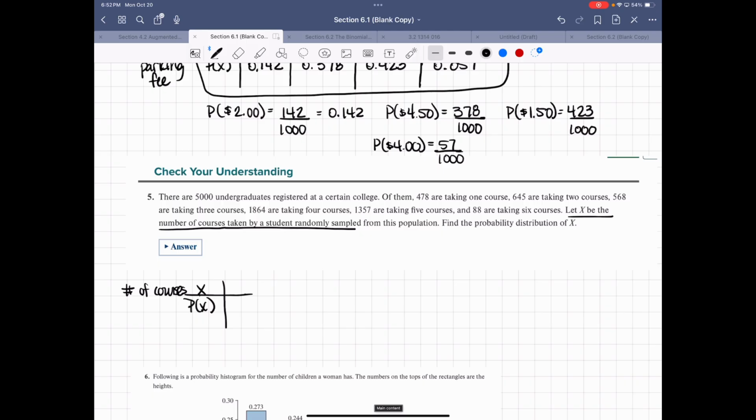So we've got 1 course, 2 courses, 3 courses, 4 courses, 5 courses, and 6 courses, right? 6 courses should be around 18 hours, okay?